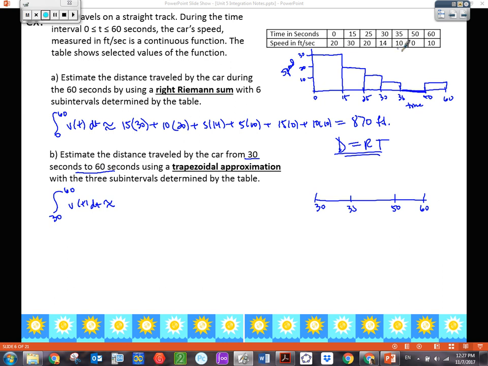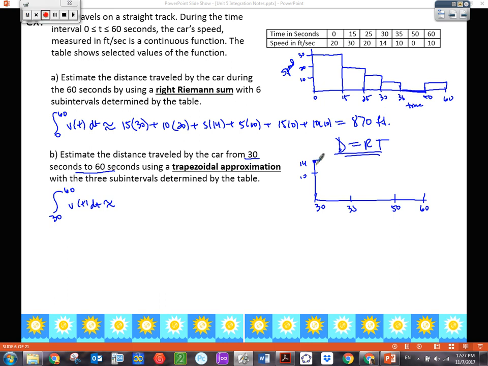So our speed goes, let's see, the highest is 14. So we'll put that at 14. Okay, so we're doing a trapezoidal approximation. Looking at this, I can see 3 trapezoids here, right? The 30 is at 14.